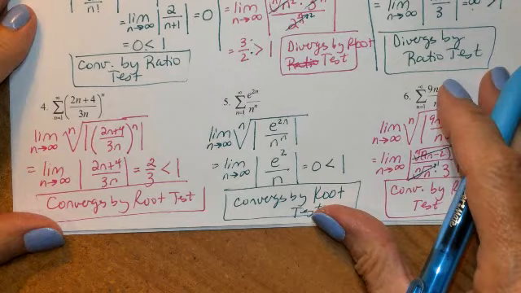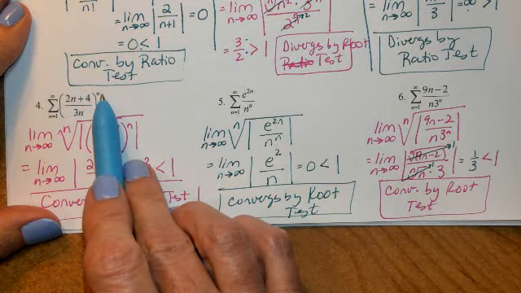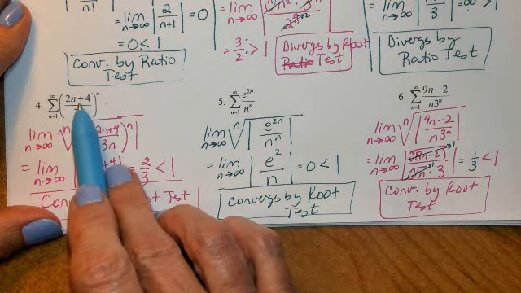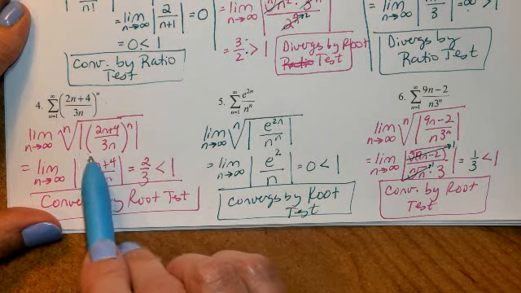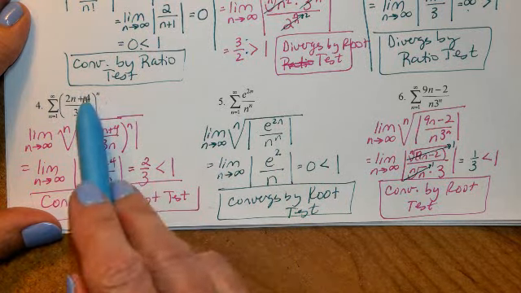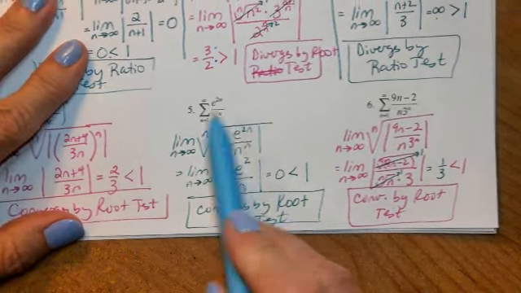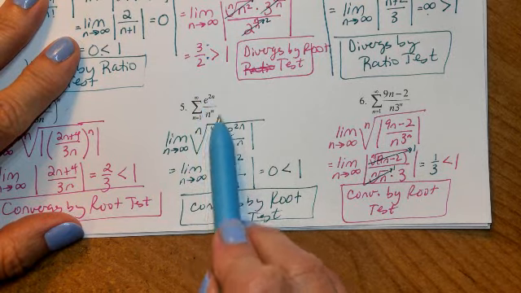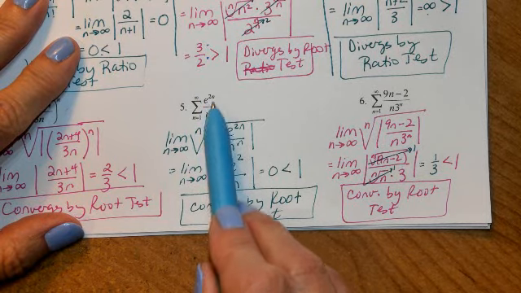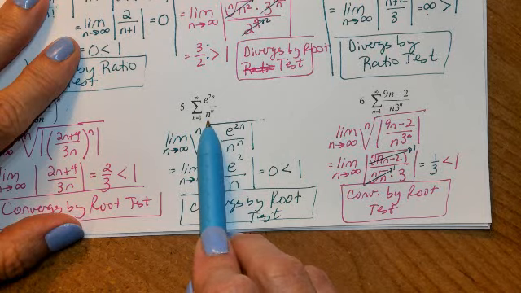This one. Here we've got a 2n to the n, and we got a 3n to the n. Both good, strong powers. So what do we get? We got 2/3 here. Which one is more powerful than the other? N to the n, Big Daddy. And he's sitting in the bottom.